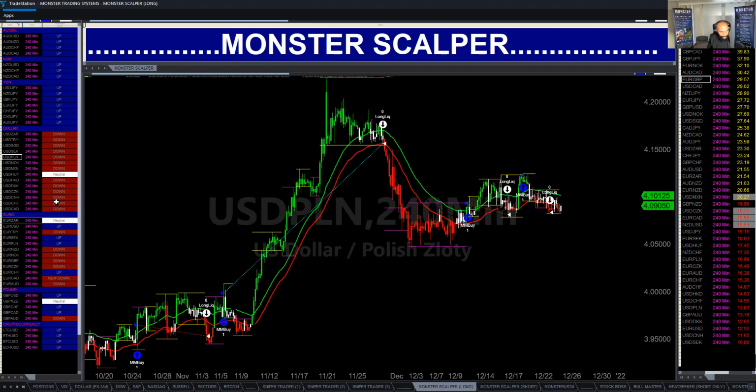See, they're all red, so they're going down. So I like the yen pairs, and pound yen is number 4 right now. New Zealand yen climbing up.